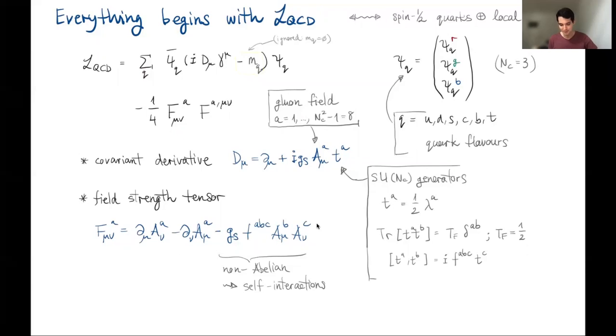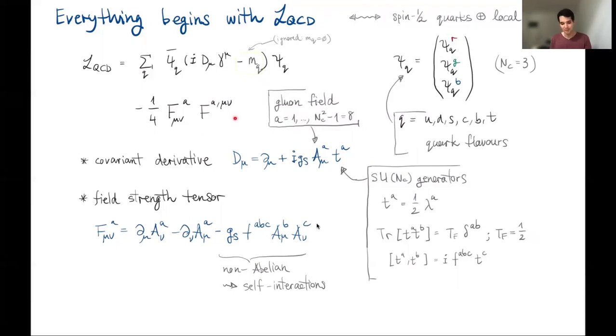I think this should be very familiar to everyone. This introduces the gluon field with an index a that runs from 1 to 8. So there are 8 different gluons, which are dressed with the associated generators in this covariant derivative, which are just given as 1/2 times the Gell-Mann matrices. In my convention, the normalization is chosen such that T_F or T_R is 1/2.